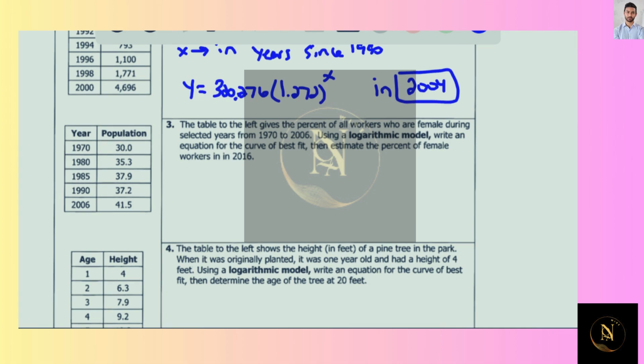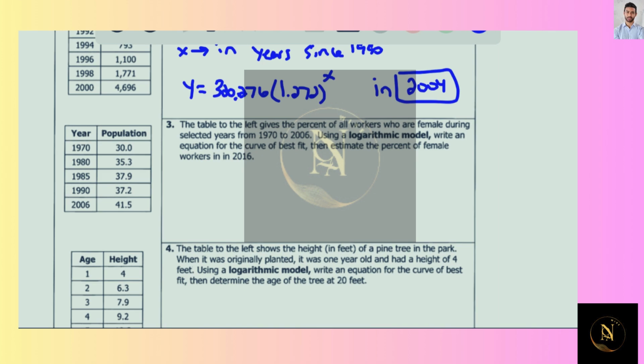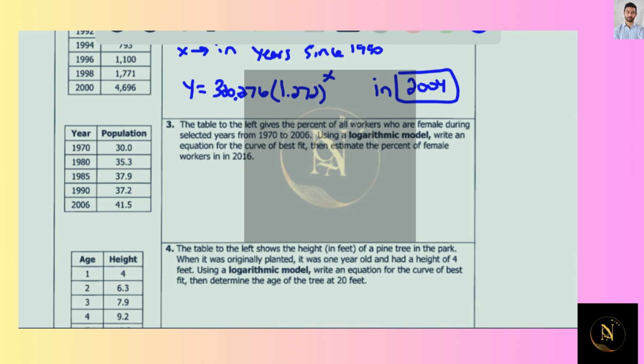A logarithmic model for the next function. Again, I'm going to enter the table of data. Let's say we're going to go x years since 1970.